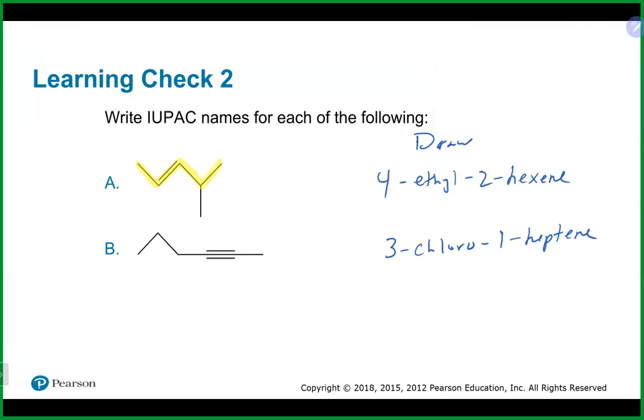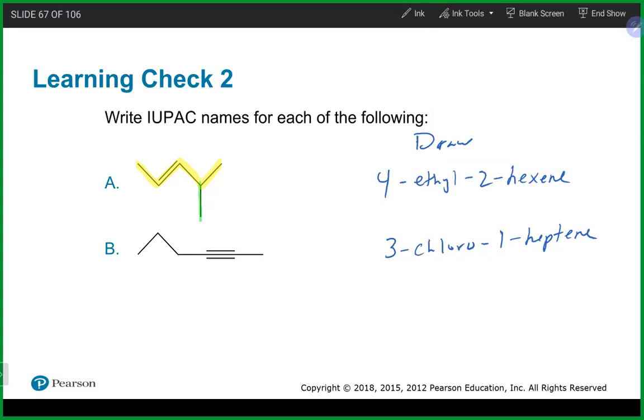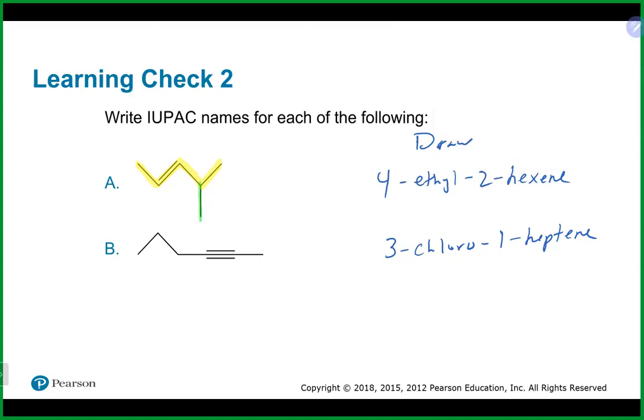We then have this group hanging off of it right there. So 5 carbons in this case, going to be based off of pentane. But there is a double bond, which will then make it pentene. In this case, we want to give the double bond the smaller number.